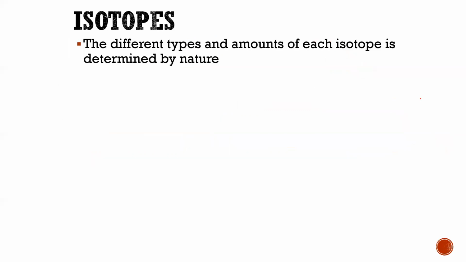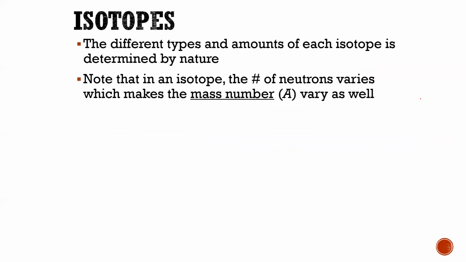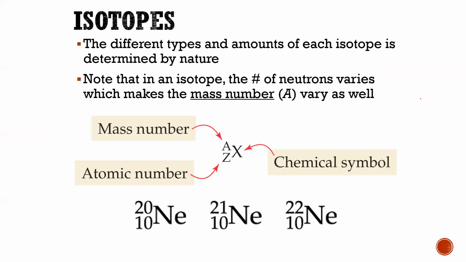The different types and amounts of each isotope is determined by nature. So there's a way to write what's referred to as a nuclide symbol that shows the number of neutrons and the variation, and we use the mass number. So this is an example of a nuclide symbol. You have the elemental symbol, and then you have the mass number, which is the number of protons and neutrons, on the top.